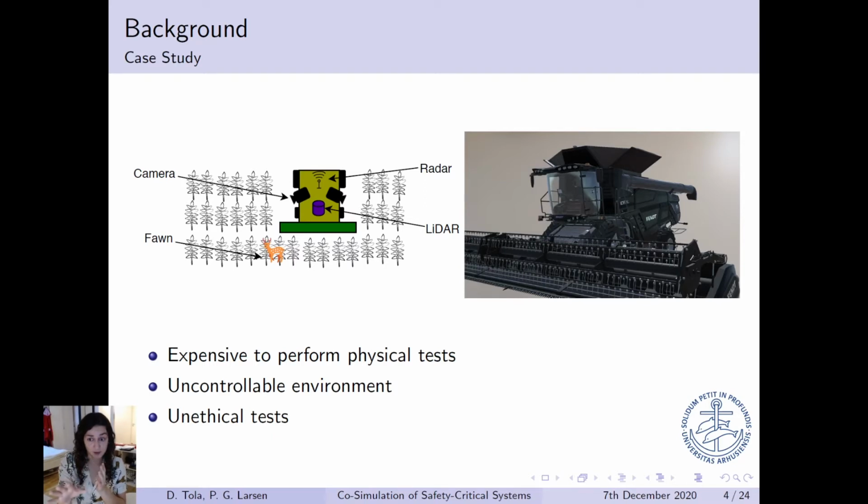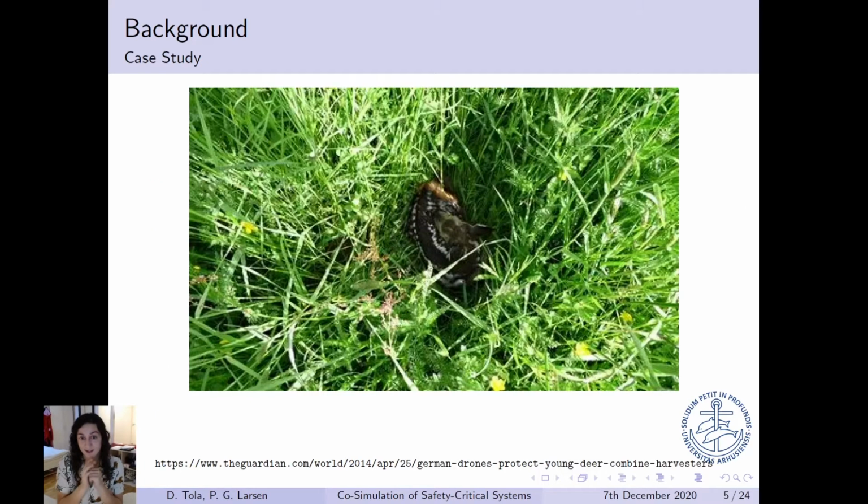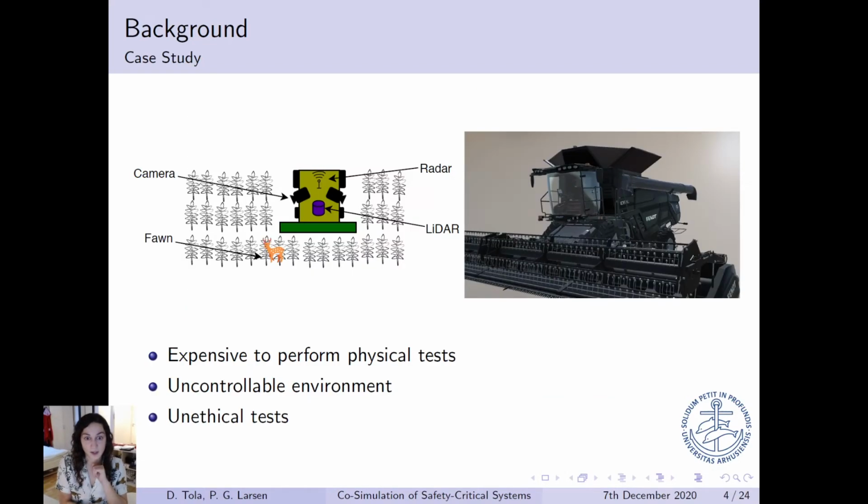For example, if we look at the figure on the left, it's just an overview of how a combined harvester may look, and you can see there's a small fawn hiding in between the crops. On this picture it's obvious to see the fawn, but in some cases, for example here, it won't be that obvious to see that there's an animal hiding between the crops, especially if you see this from the side and not from a top view, a bird's eye view.